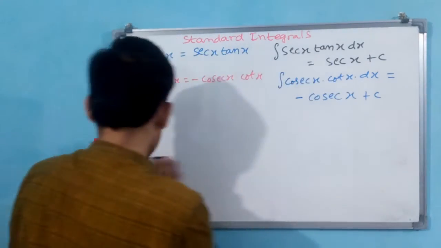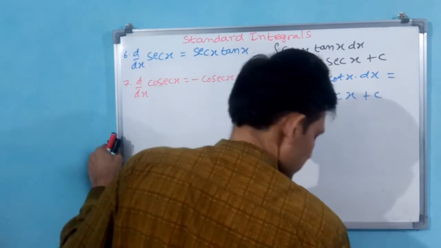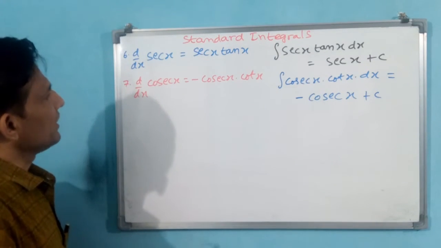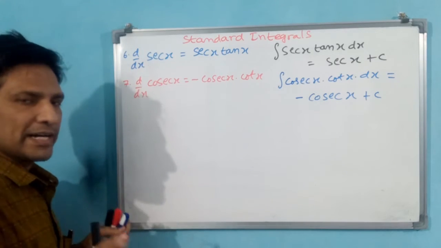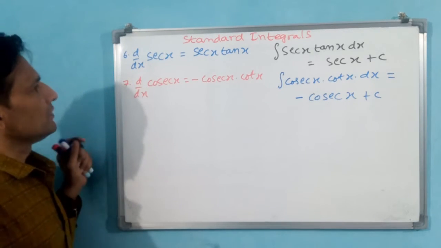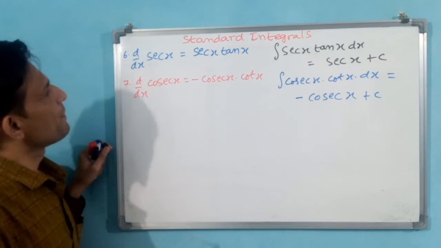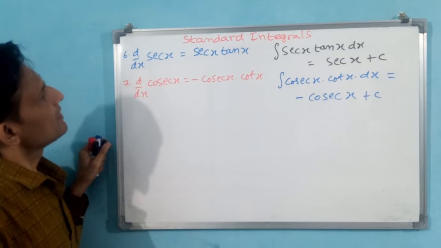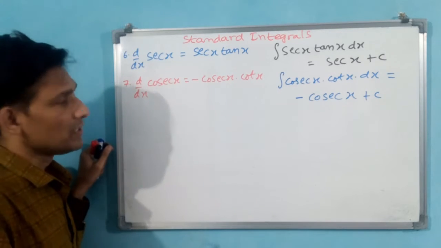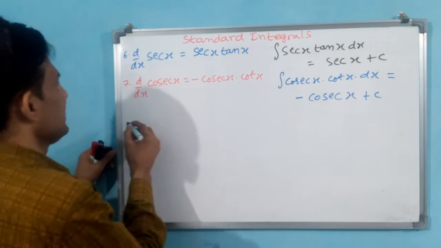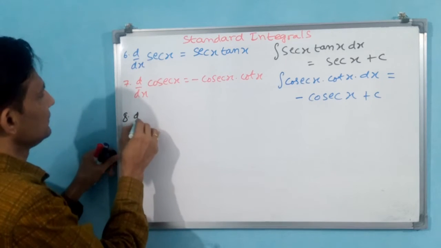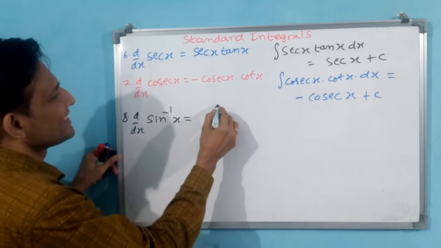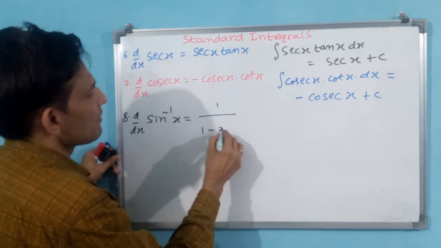I'm removing this, I don't require this. Okay. Now, all over, not standard, normal trigonometry, but inverse we have to go. Okay, sine, cos, tan, cot, secant, cosecant over. Then d by dx of sine inverse x we will take. One by square root of 1 minus x square.